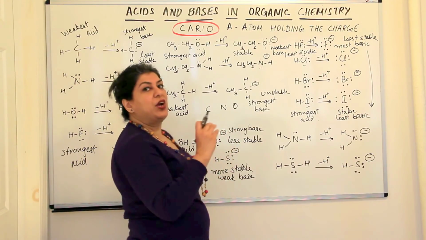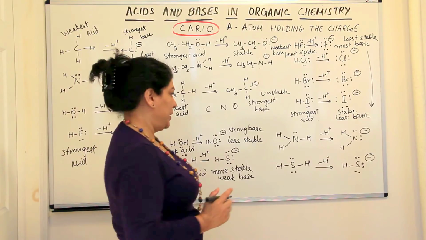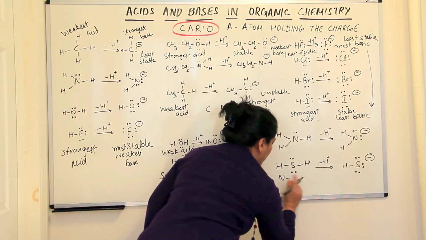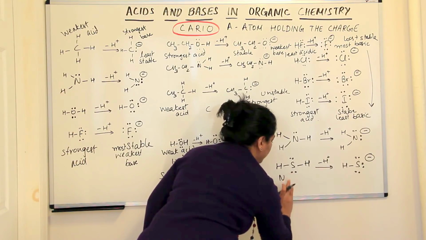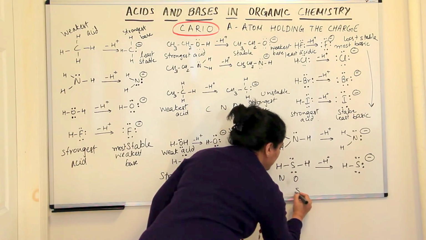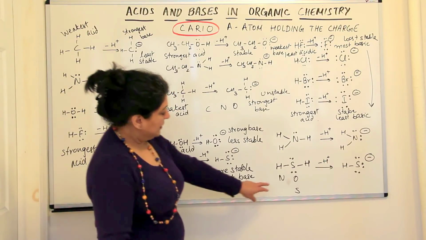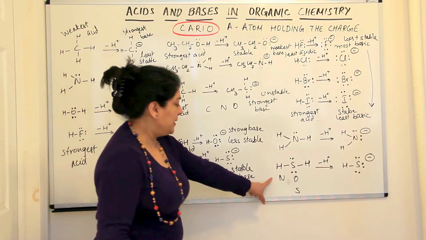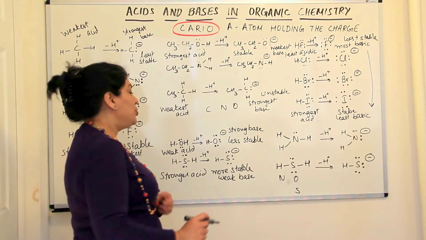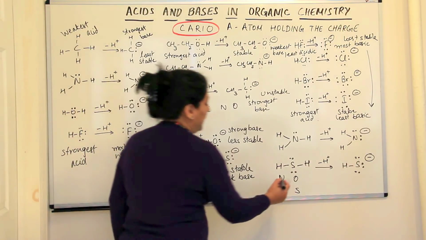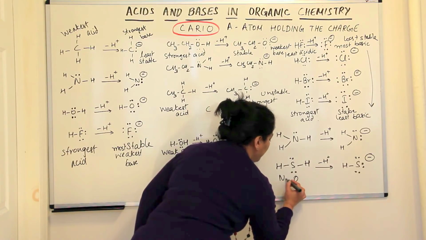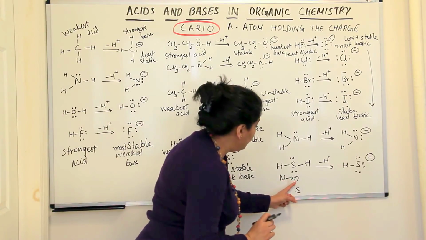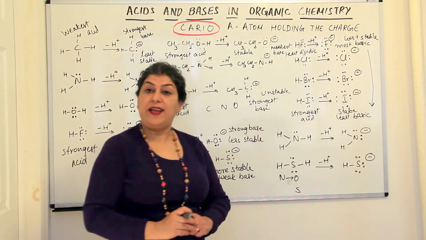We just check where their positions are in the periodic table. We find that after nitrogen is oxygen, and sulfur is below oxygen, right? This is the 15th group, 16th, and both of these are in the 16th group. Second period, third period. So it means that if you move from left to right, that is from nitrogen to oxygen, now we see that oxygen is more electronegative than nitrogen.